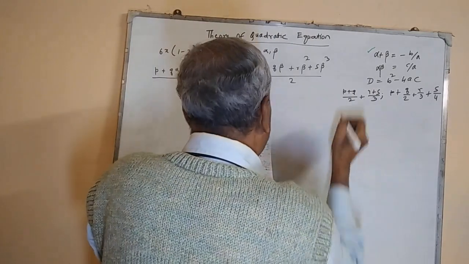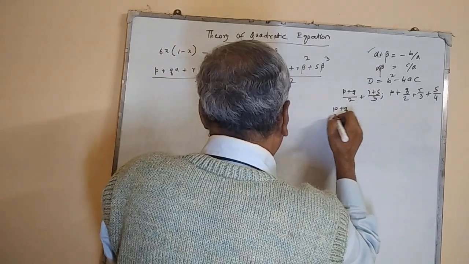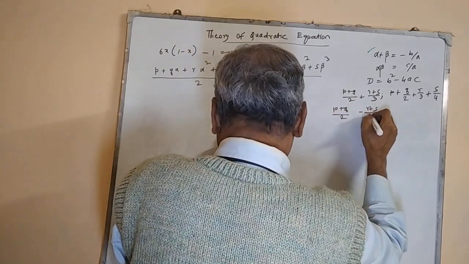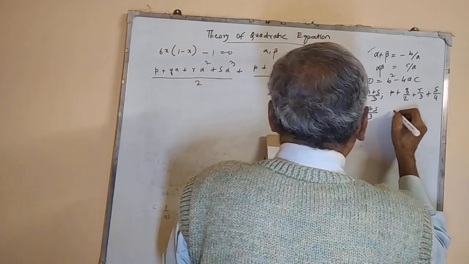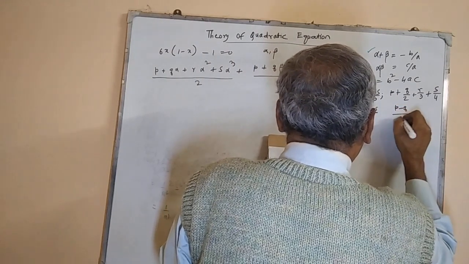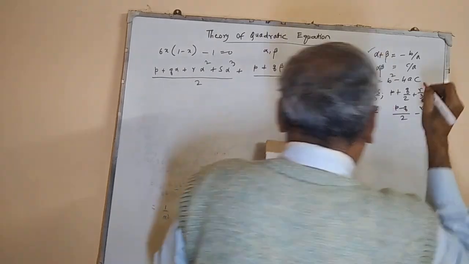Third option is p plus q by 2 minus (r plus s) by 3. And fourth option is p minus q by 2 minus r minus s by 3.